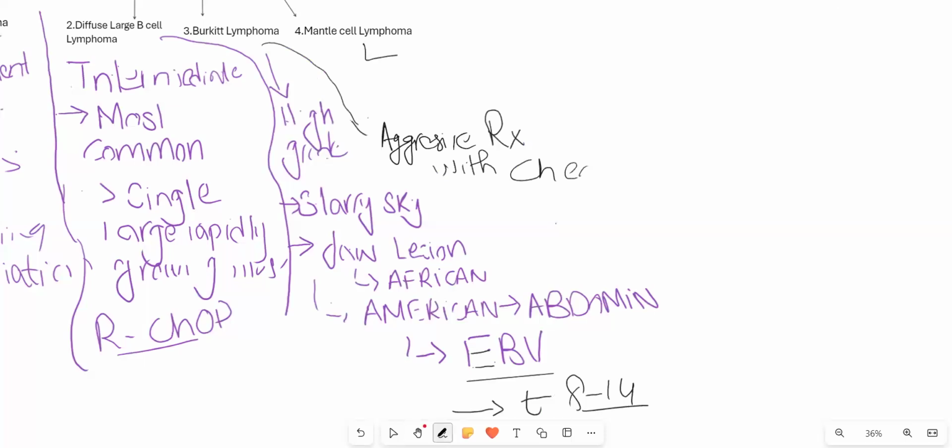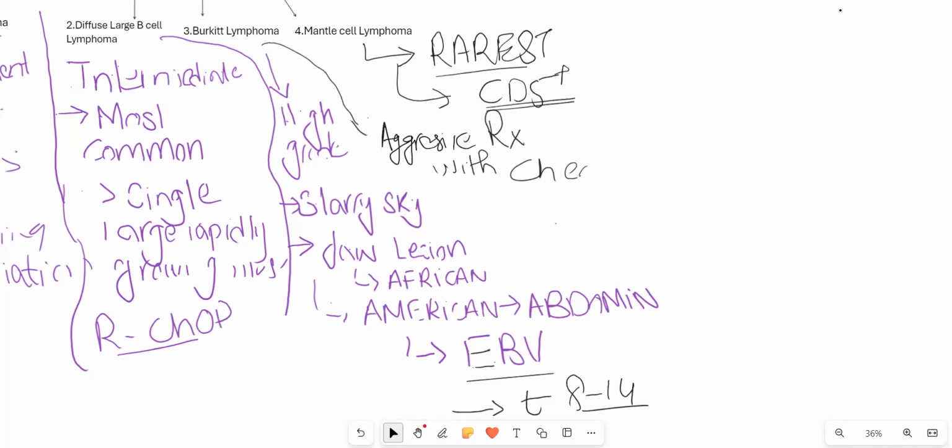The last one is mantle cell lymphoma, the rarest form of non-Hodgkin lymphoma. It is CD5 positive.